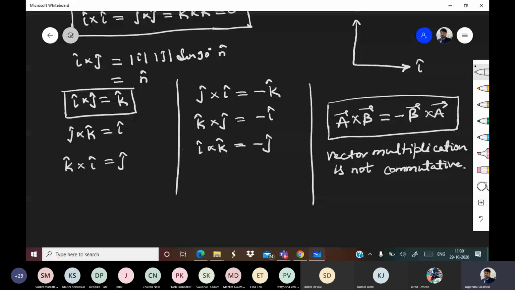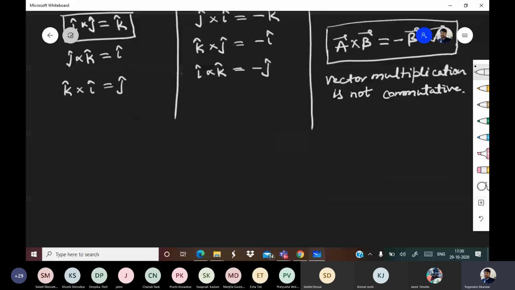Now, if vectors are given in orthogonal form, then how to find A cross B?